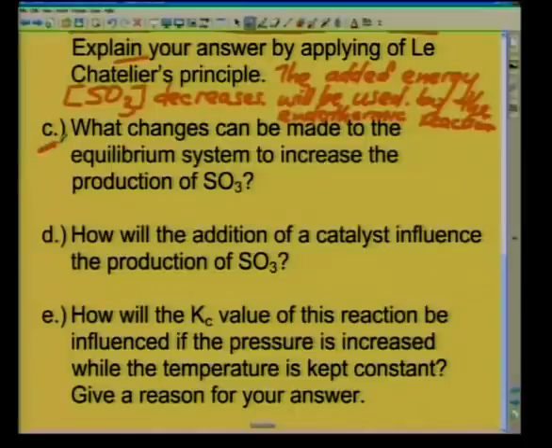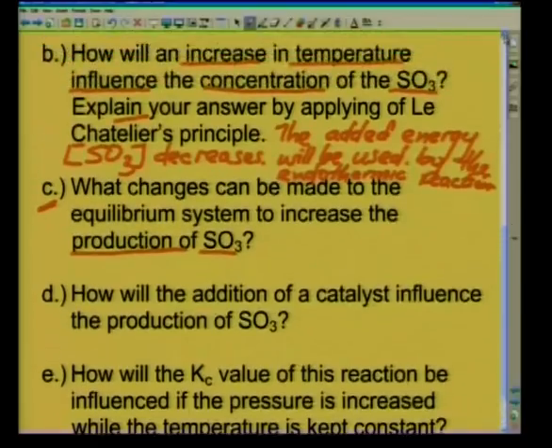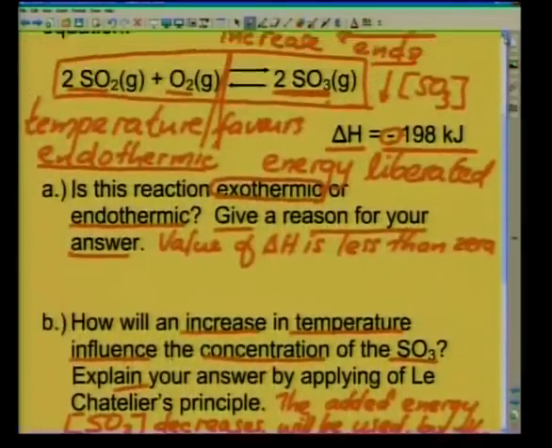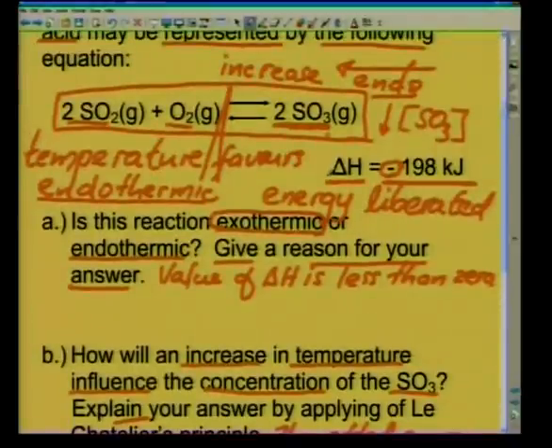C, what changes can be made to the equilibrium system to increase the production of SO3? What can we do to push the equilibrium to the right? Now, let's look at the equation. One thing we can do, because the reaction to the right is exothermic, we can cool this off.